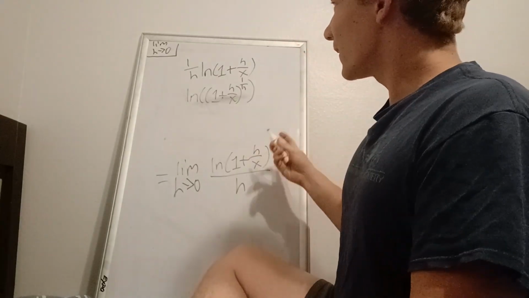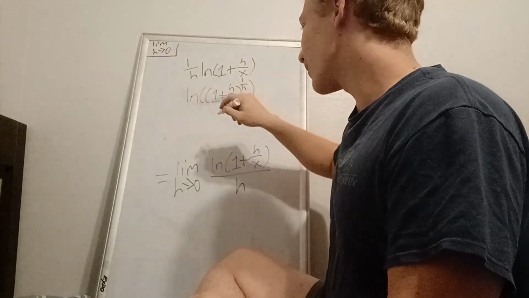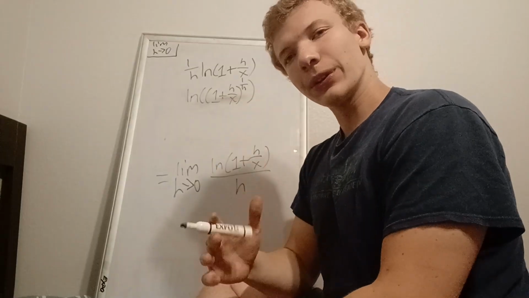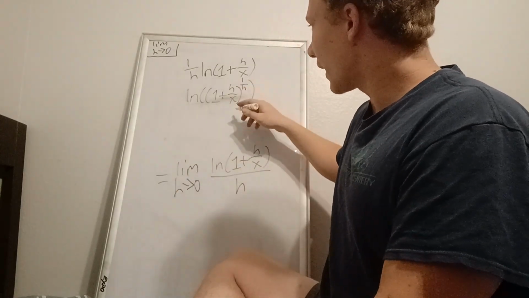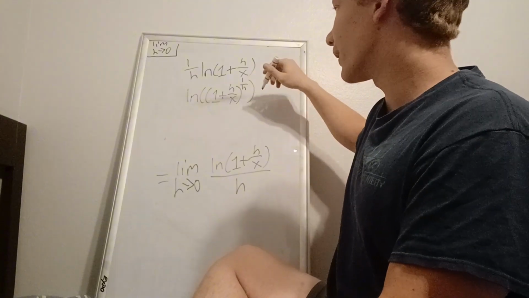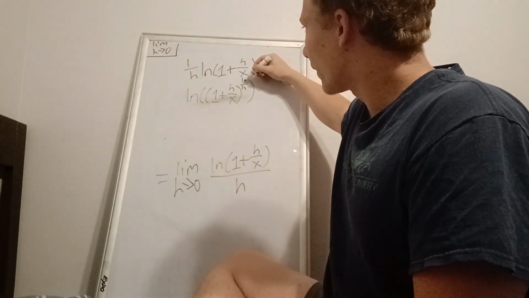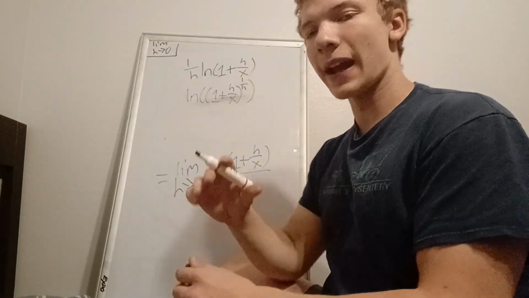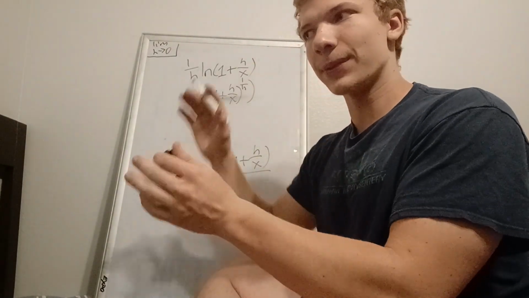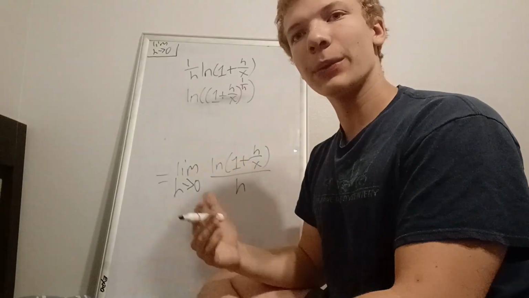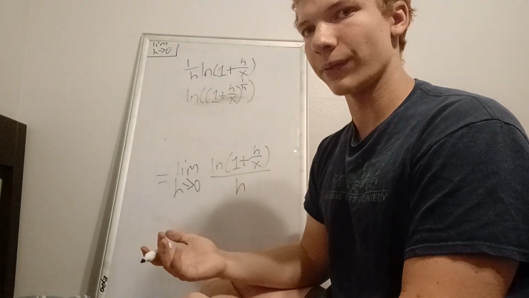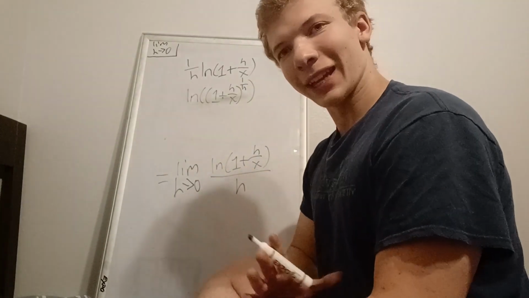So we see that this is very similar to our definition of e, right? However, we have an h over x here and we have a 1 over h here. It's not quite right. It'd be super nice if we could just multiply this by x so that we could have that 1 plus h and then to the power of 1 over h that we had earlier for the definition of e. And in fact, we can do this.